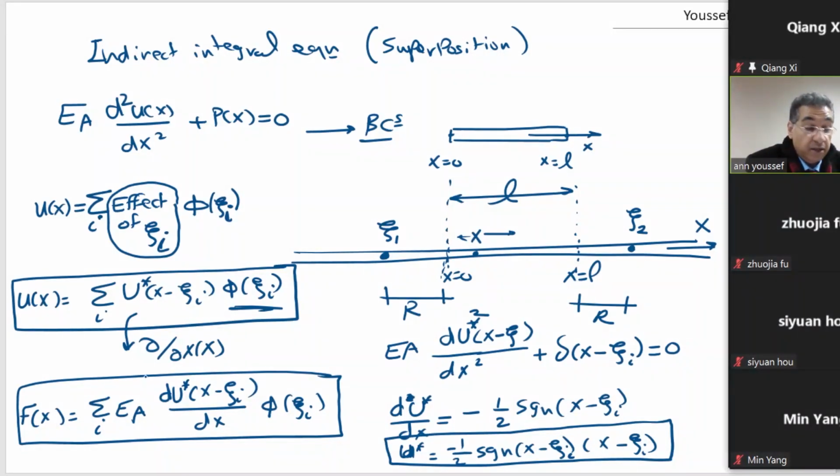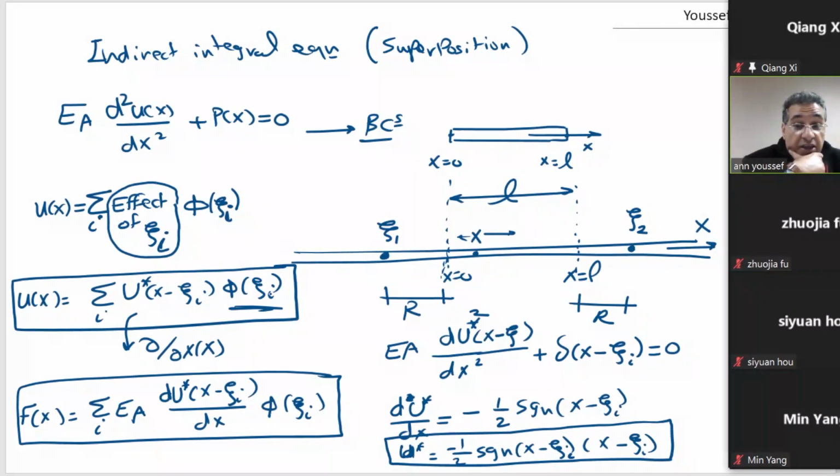We can define our problem in terms of these two new sources. So I'm going to choose these two sources with different intensities, phi 1 and phi 2, to give me the same boundary conditions at these points.